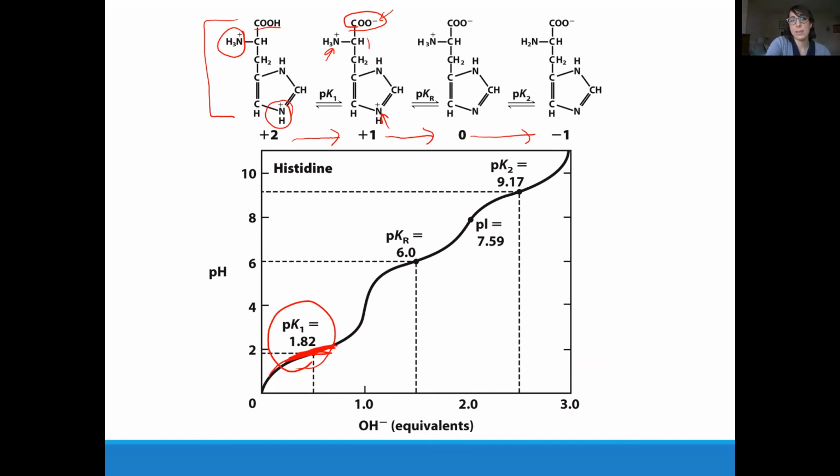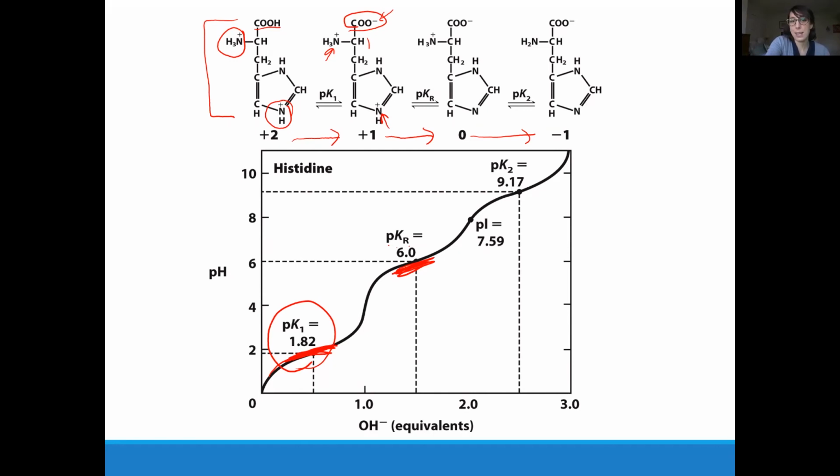Now this molecule's second pKa is actually for its extra side group. And that is usually called the pKr. That's the pKa for the R group, for the side group, is all that means. You see that representation. And it happens at a pKa of 6.